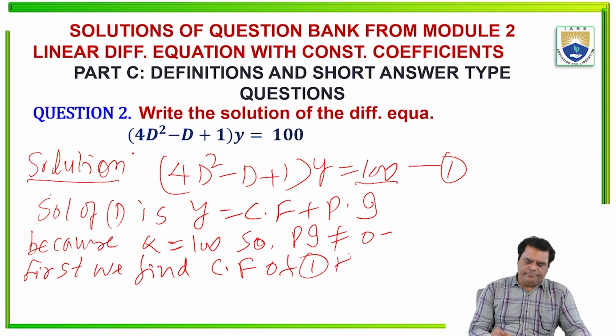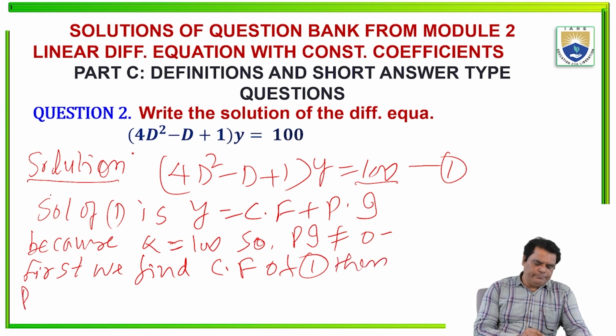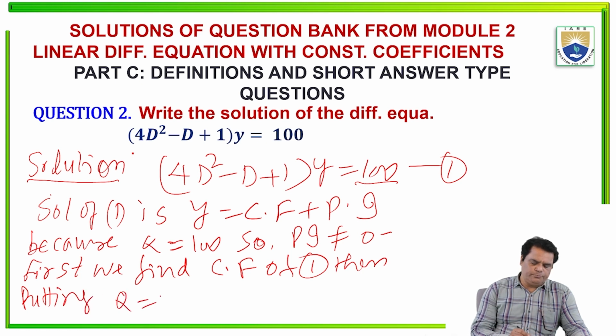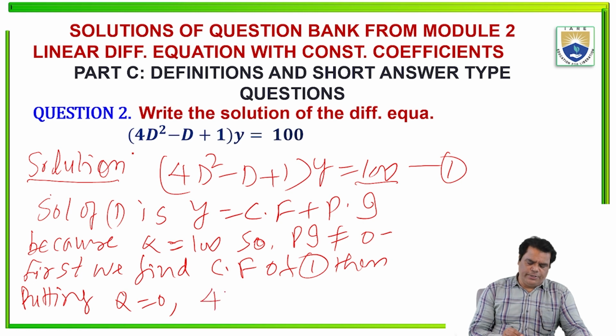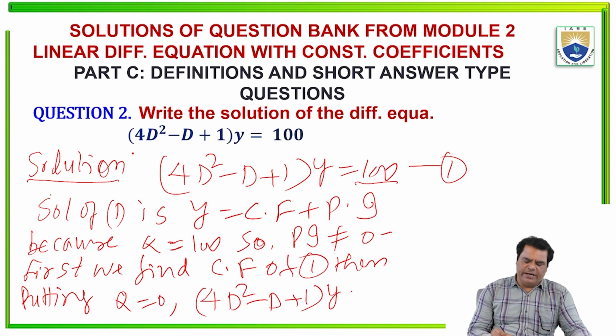Putting Q as 0, equation 1 becomes (4D square minus D plus 1) into y is equal to 0.